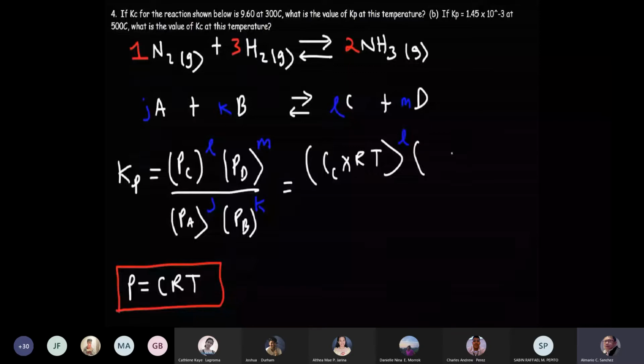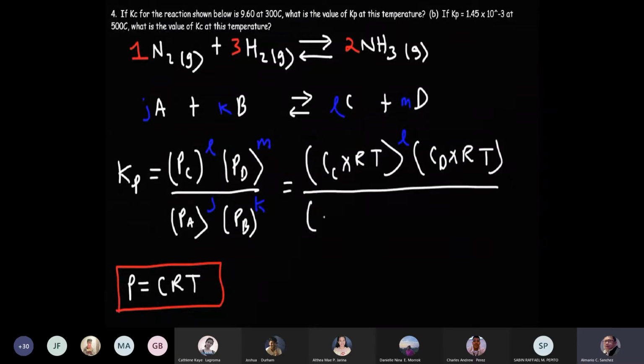The partial pressure of D is going to be the concentration of D times RT. The partial pressure of A is the concentration of A times RT. And the same is true for the partial pressure of B, the concentration of B times RT. And let's put the exponents, M, J, and K.